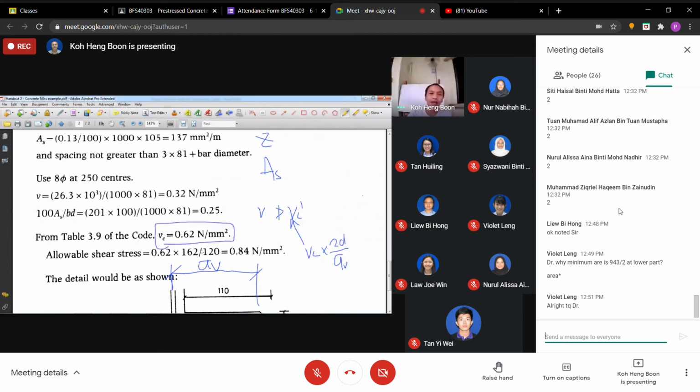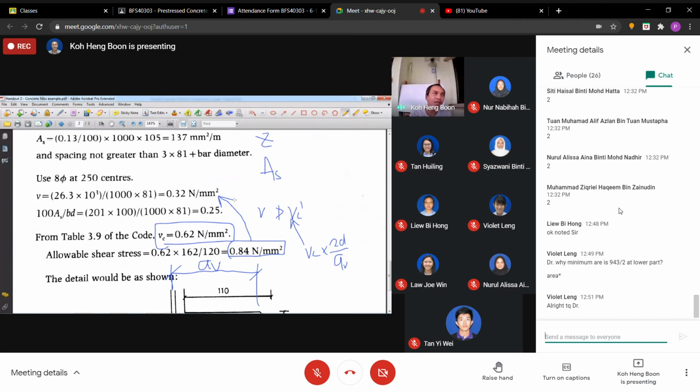Then the allowable enhanced shear stress is multiplied by 2D over AV. D is 81, so 2D is 262. So 0.8784 is the allowable, which must be greater than the actual design shear stress. With this, we no need to provide the shear link.